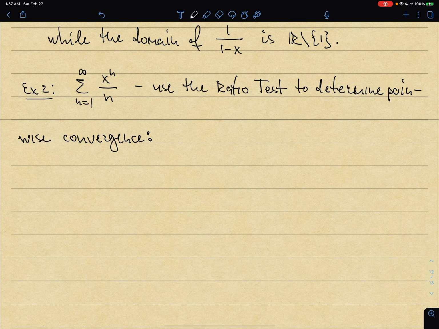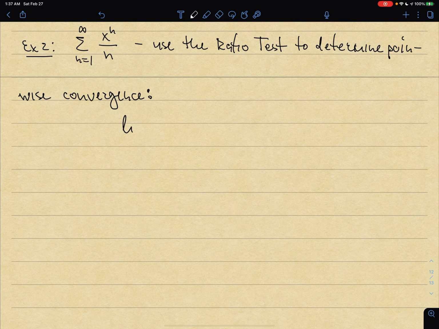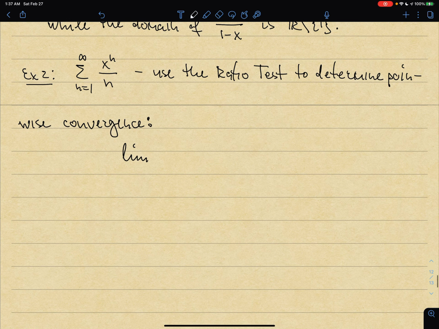We take a limit, in principle lim sup, but we don't need to use a lim sup, because in this case the limit would exist. So limit as n goes to infinity.